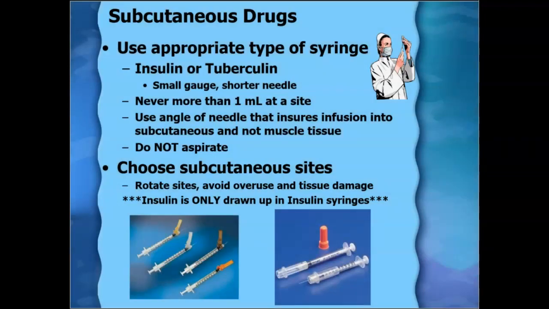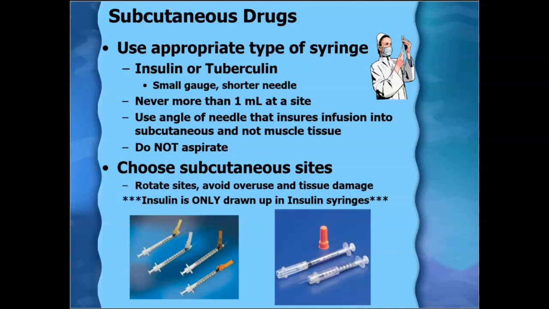Subcutaneous drugs, again, we're going to be doing anything from insulin injections to heparin, those kinds of things, right? And you want to make sure there are certain rules, like you never give more than 1 milliliter of an injection at that site, right?